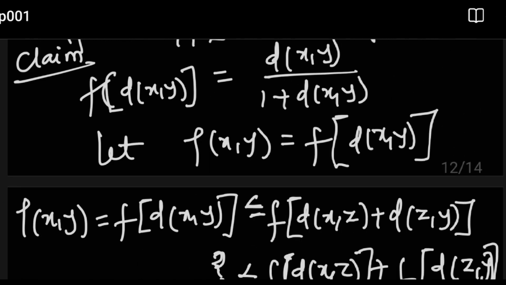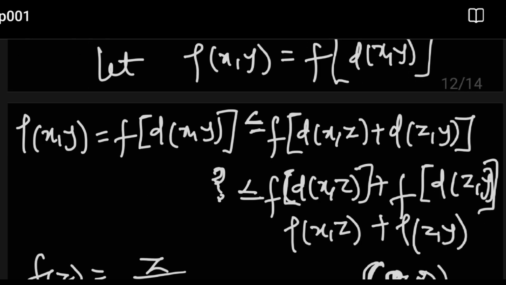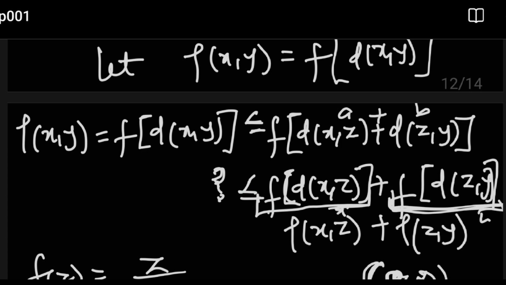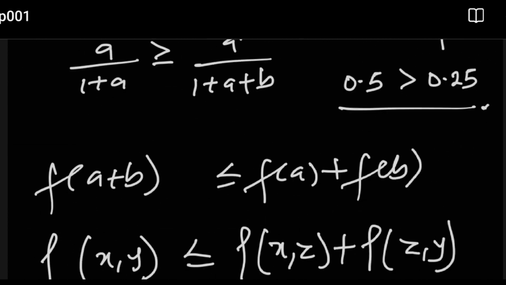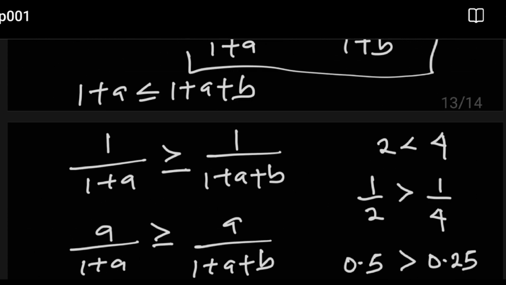A plus b is the xy, and this will be f of a plus f of b, right? So f of a plus b is actually less or equal to f of a plus f of b, which is what we've done here.